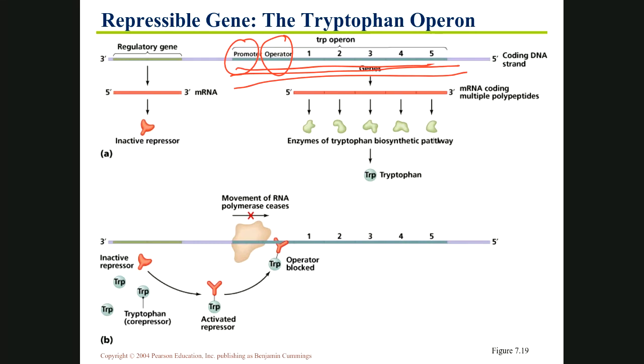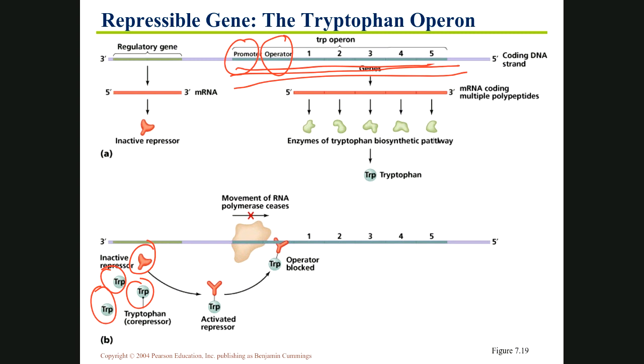But what if there is an excess of tryptophan, or maybe the cell encounters an external source of tryptophan and it doesn't need to make its own? Now it needs to turn off the gene. So if there is tryptophan present in excess in the cell, there is no need to make any more. That excess tryptophan is going to bind to a repressor, which is normally inactive unless it's bound by tryptophan.